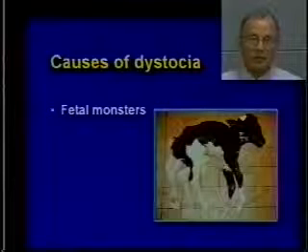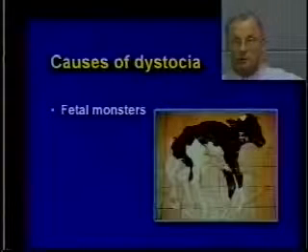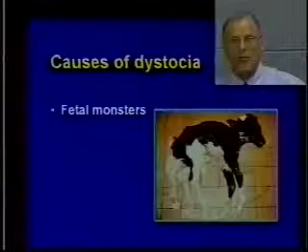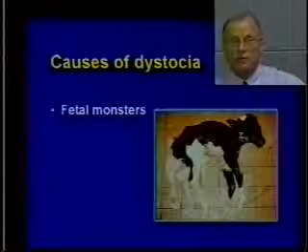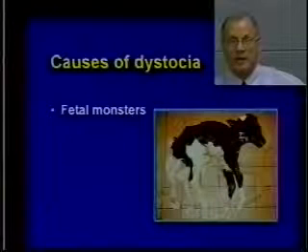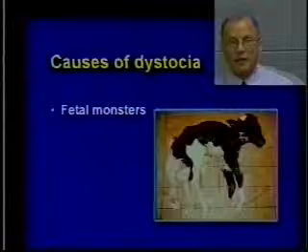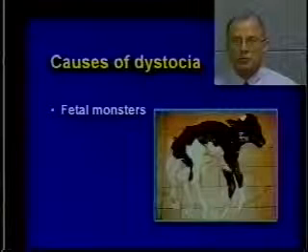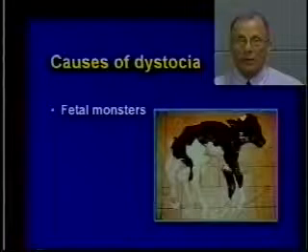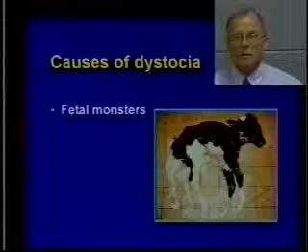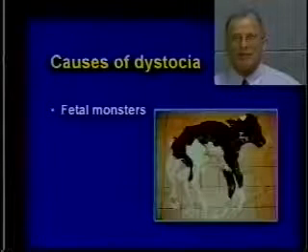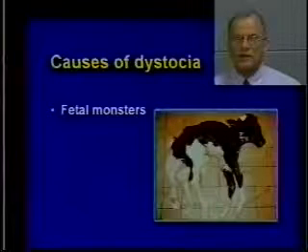And then some rare conditions here, monsters, rare indeed, but here's a calf that has 5 legs and it has 2 heads. This calf has pretty long hair. It's mature and it's made it to term, but it is not so heavy, but as it is large, it has strange proportions.